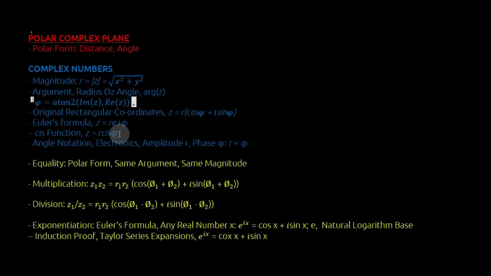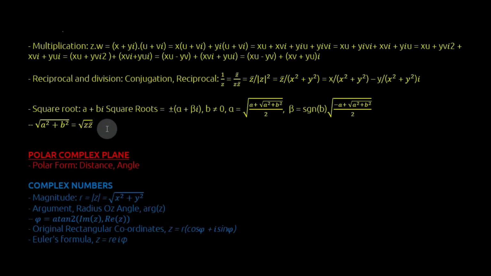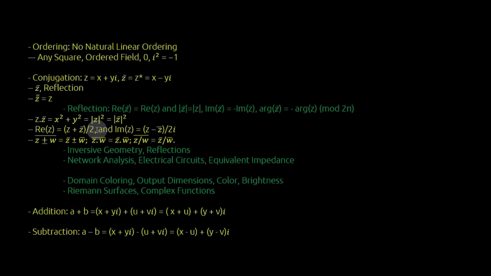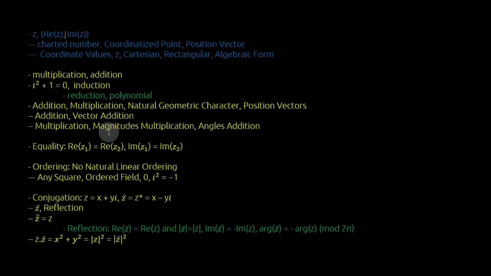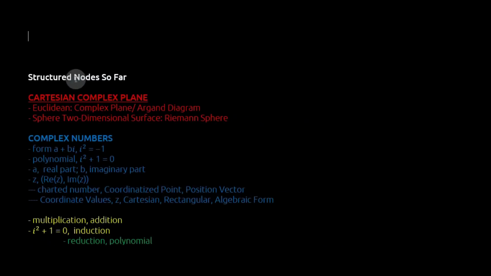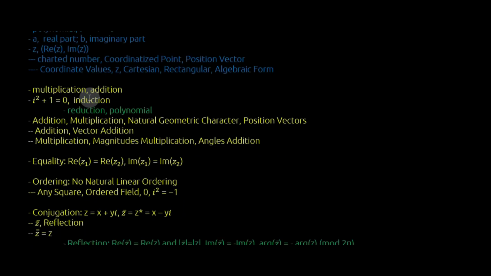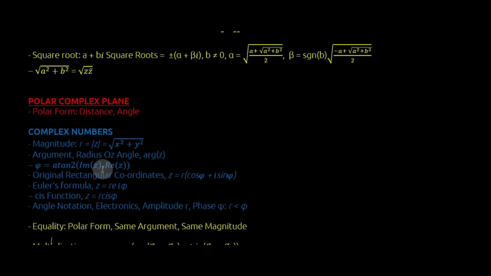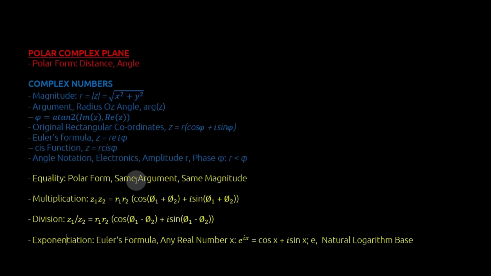Everything is unfolding on the polar plane and the Cartesian plane. All of these are actions possible on the Cartesian plane. And all of these are actions possible on the polar plane.